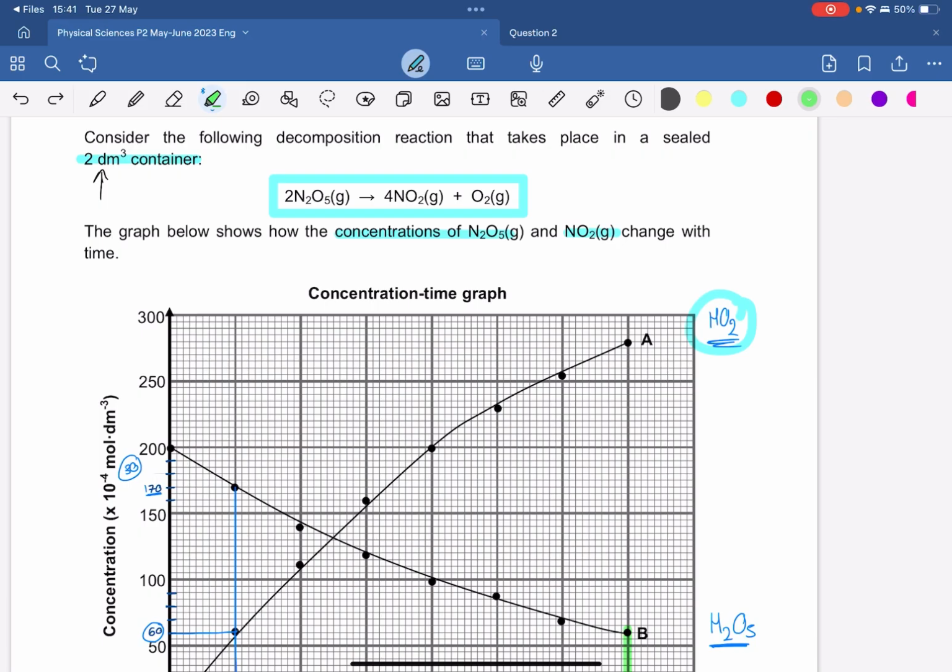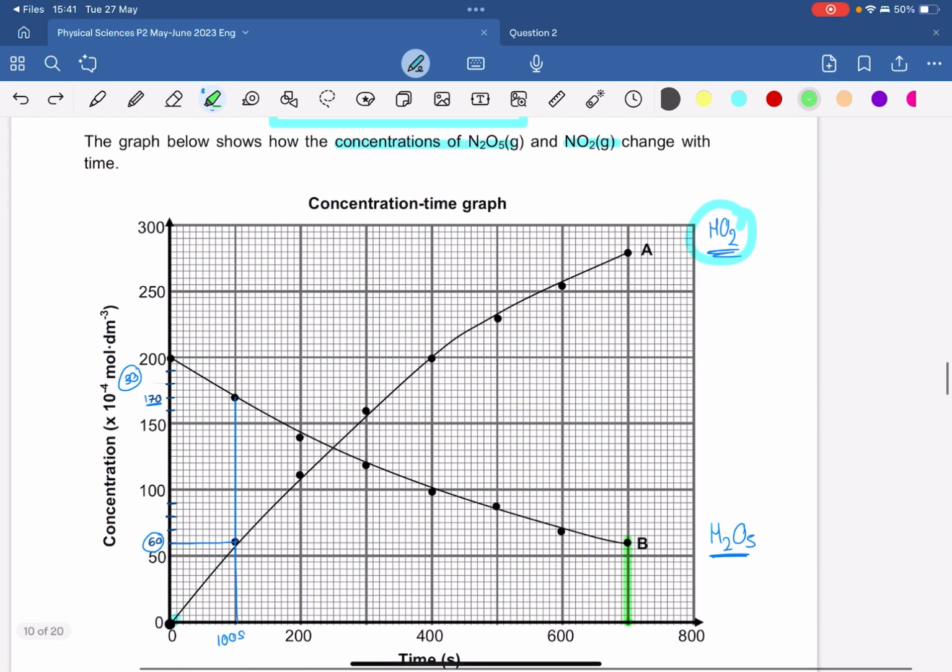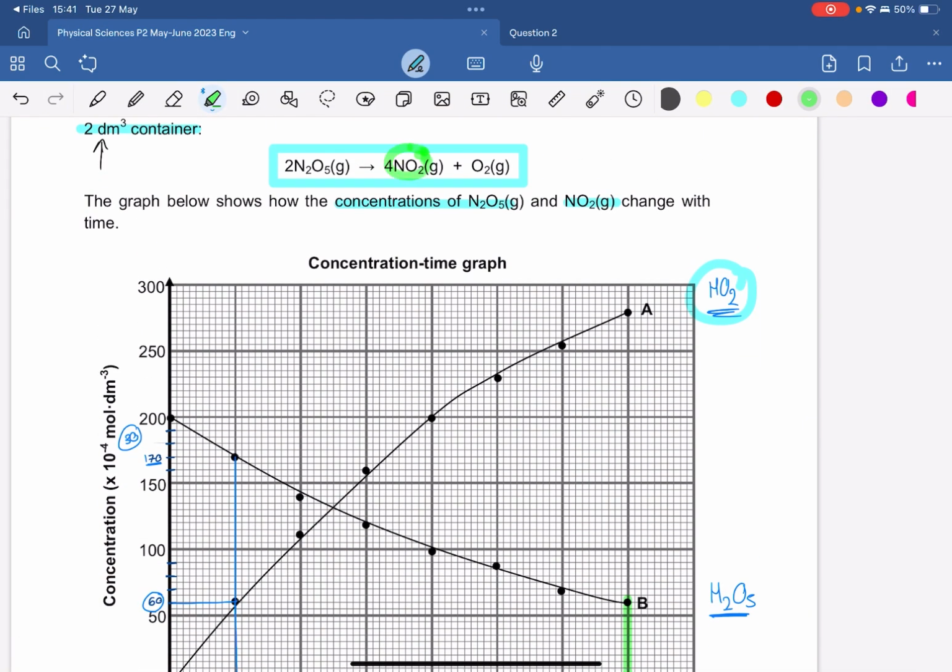I'm going to go with the graph for NO2, and calculate the rate at which NO2 is formed, and keep that at the back of my mind. Once I've got the rate of NO2 formation, how do I get the rate of the oxygen gas that is also formed?